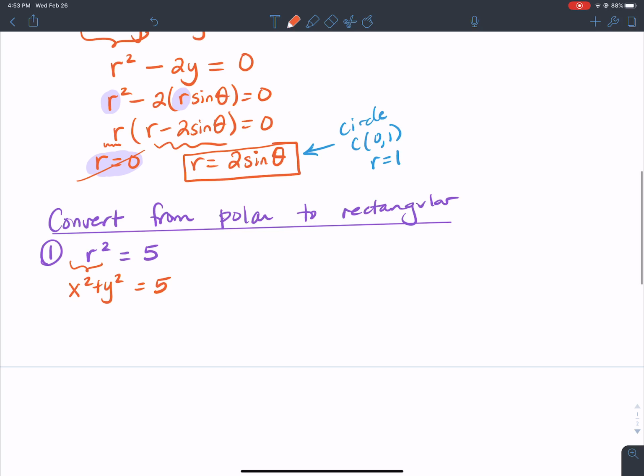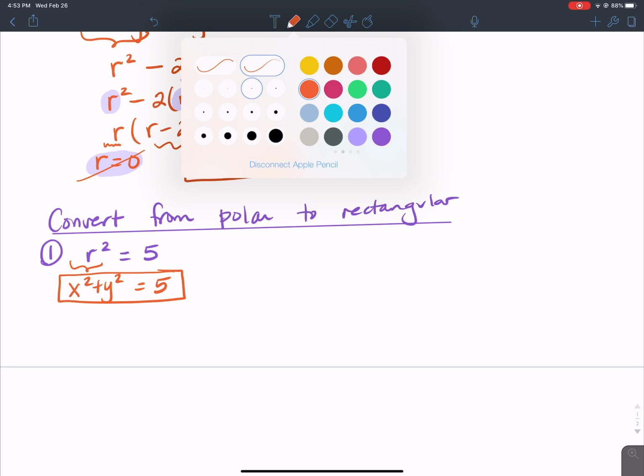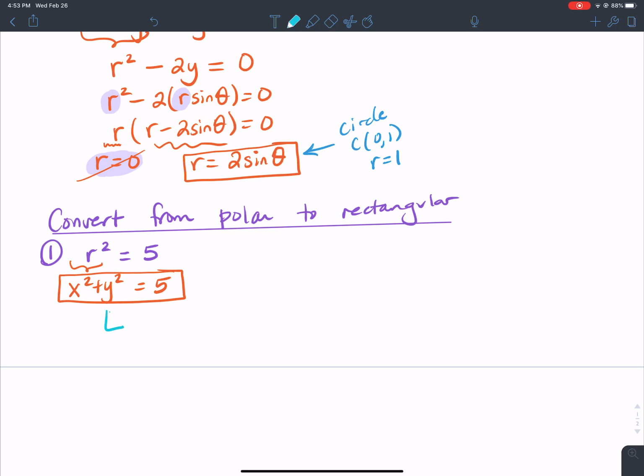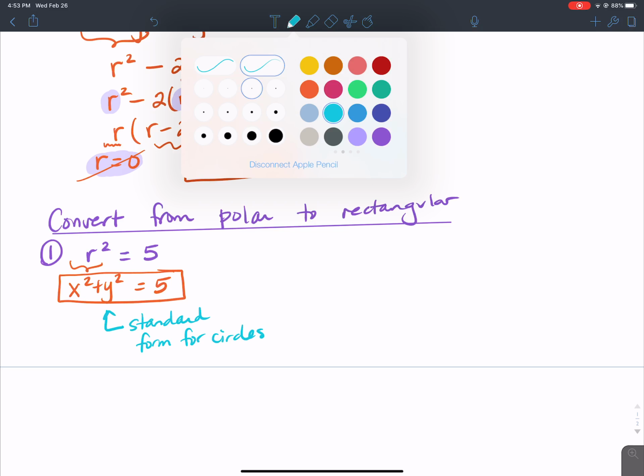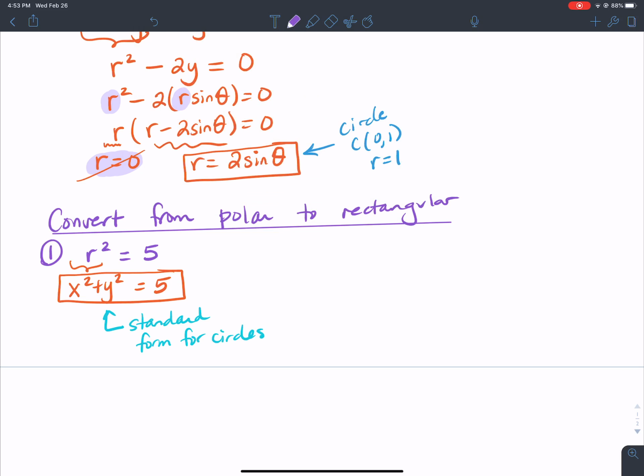Pretty basic. And since everything's in x's and y's, you're done. And part of why you're done right here is that this is the standard form of a circle. So you can stop there. It looks like a normal equation for a circle.